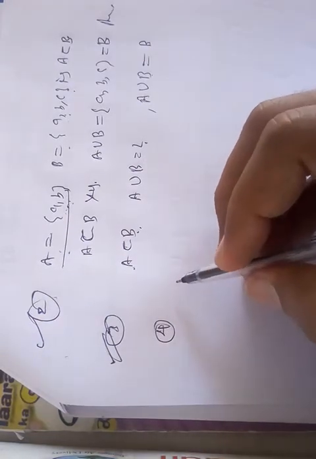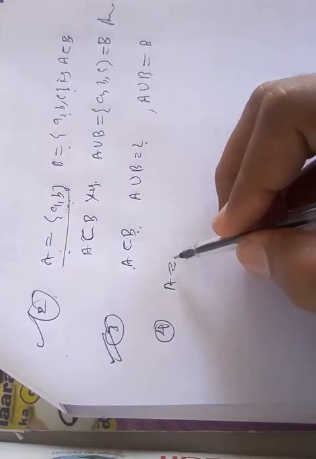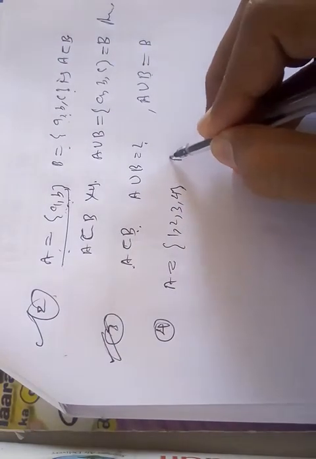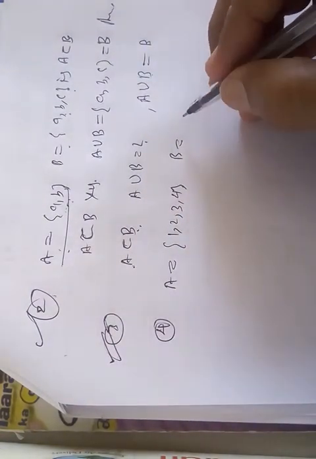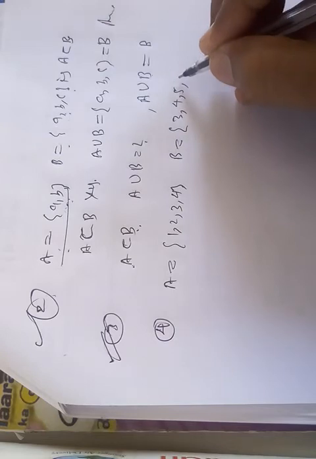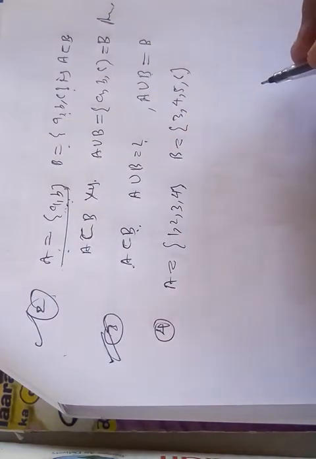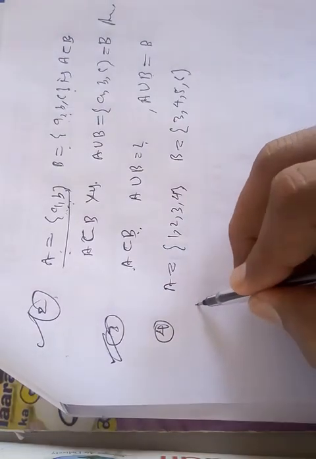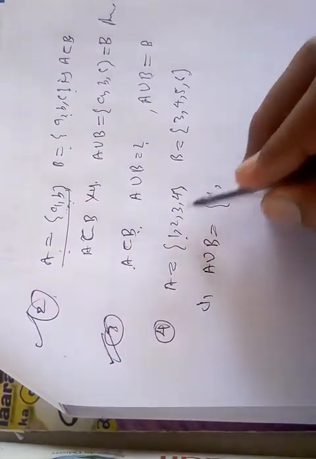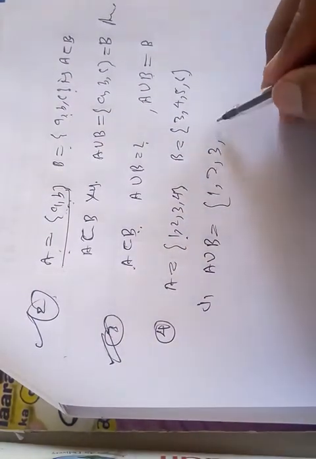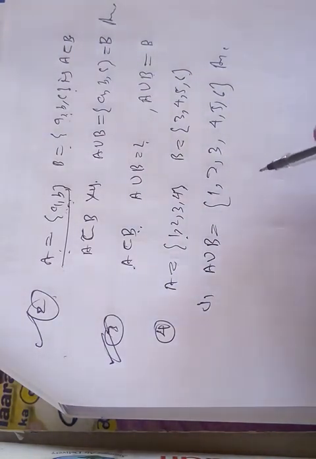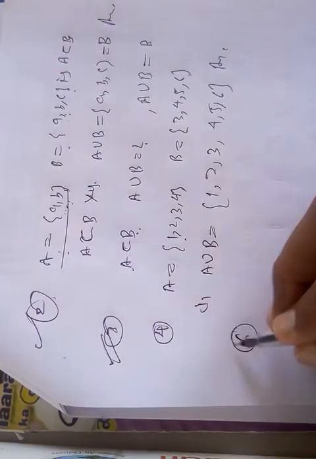A equals {1, 2, 3, 4} and B equals {3, 4, 5, 6}. Find A union B. We'll solve it: 1, 2, 3, 4, 5, 6 is the union set. Question 5 is already simple.